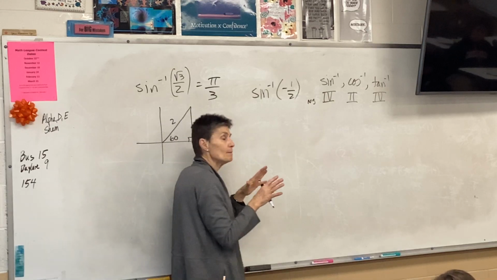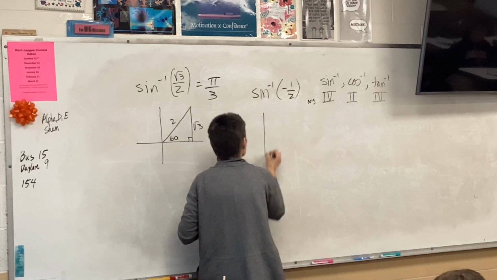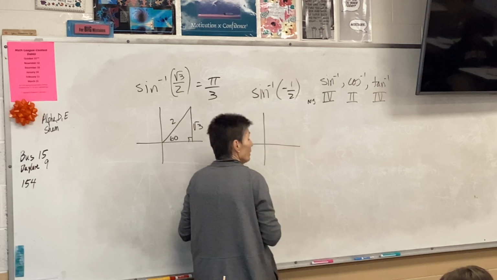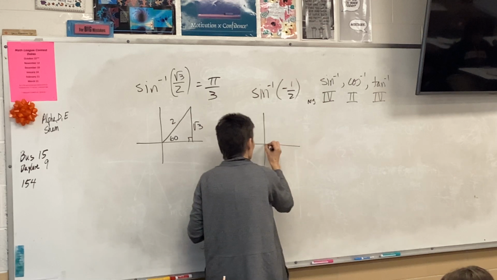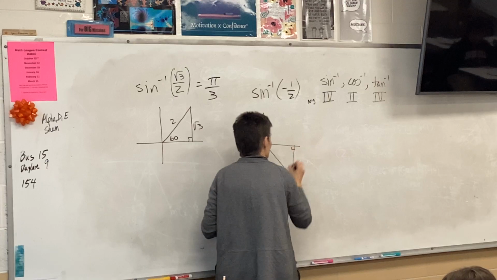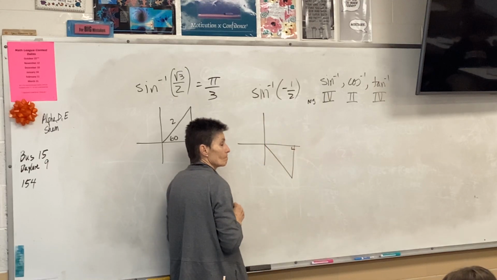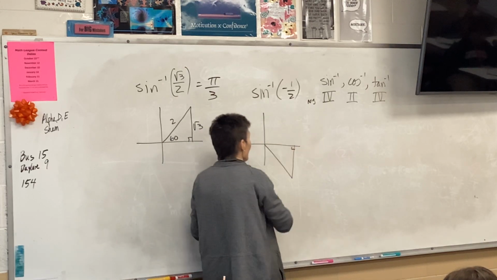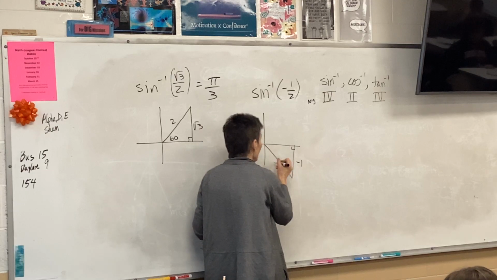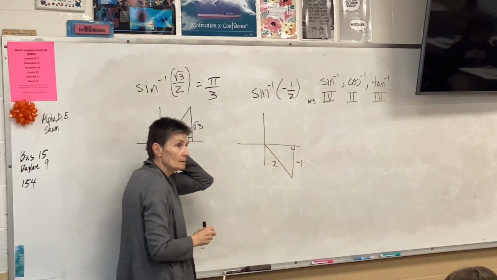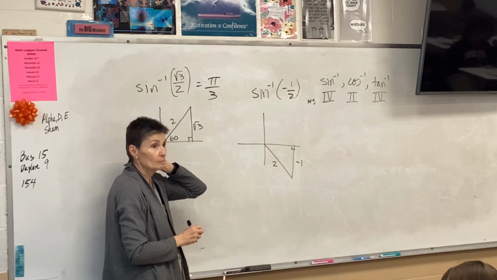All right, so how does that impact me? Well, I'm going to draw this. The sine, which is opposite over hypotenuse, is negative 1 over 2.